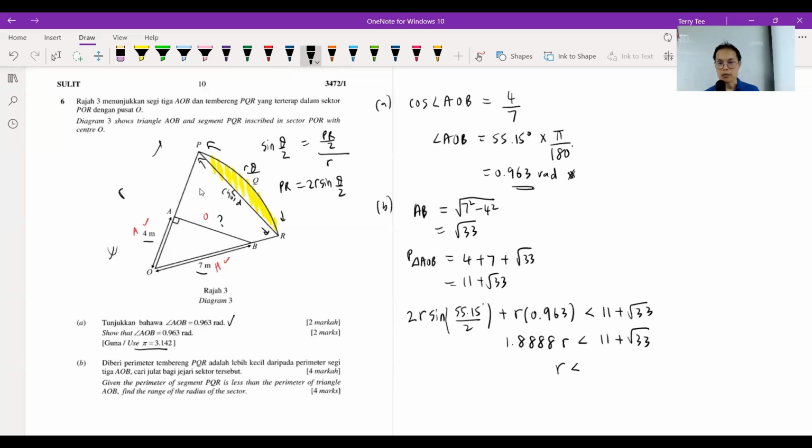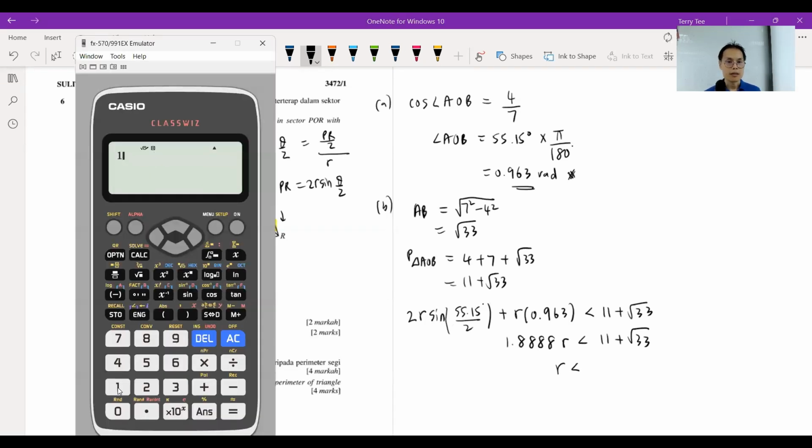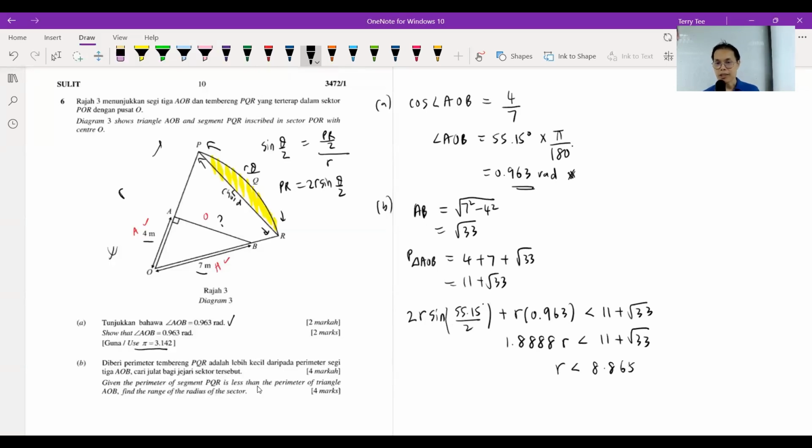What is your R? Let's take this number, 11 plus 33 divide by 1.8888. I got 8.865. Okay, we're not done yet.